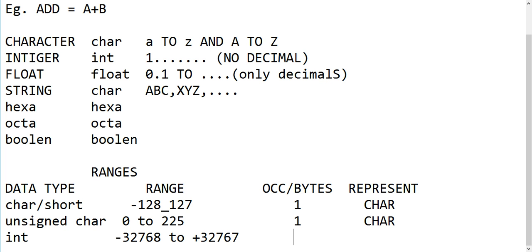It occupies 2 bytes. When we declare this specific type of integer, it occupies 2 bytes. It represents a whole number.